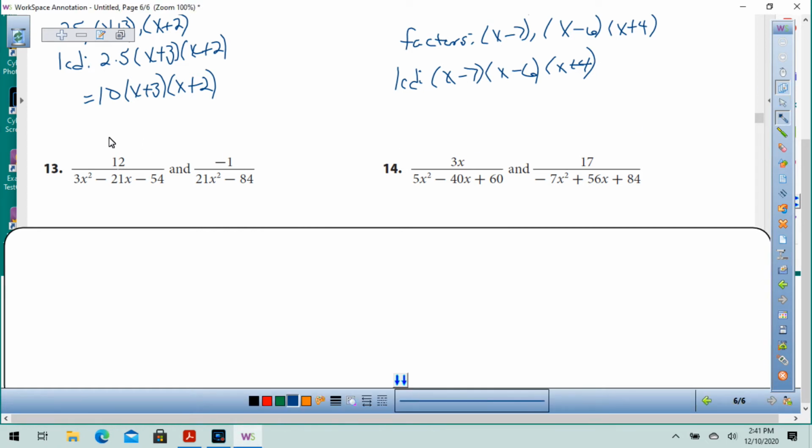And what do we got here? 13. Can we not take a 3 out of there? And that's going to give us x squared minus 7x minus, I'm thinking, let's see, well, 54 divided by 3, let's see. 1, that's 3, that's 24, that's 8, so 18.